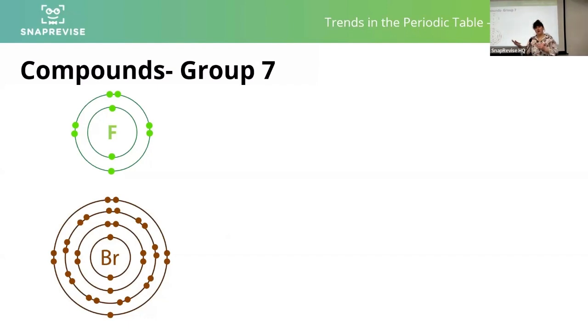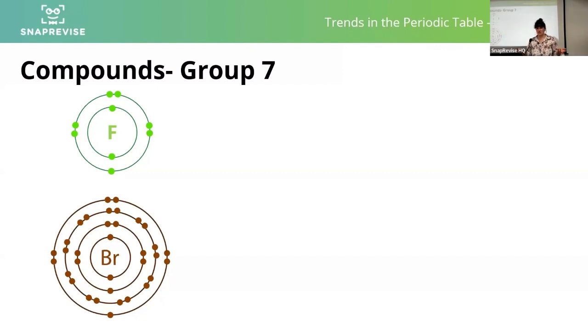That's why our noble gases, group 0, don't react: they're very inert, very unreactive, because they've already got their full outer shell of electrons. They do react eventually if you force them to. Other elements react to gain that full outer shell, because that is their most stable configuration.